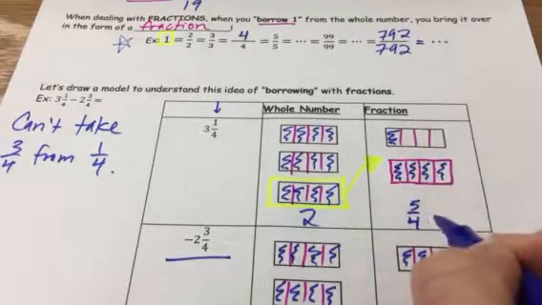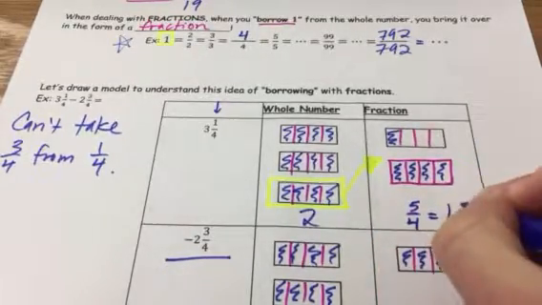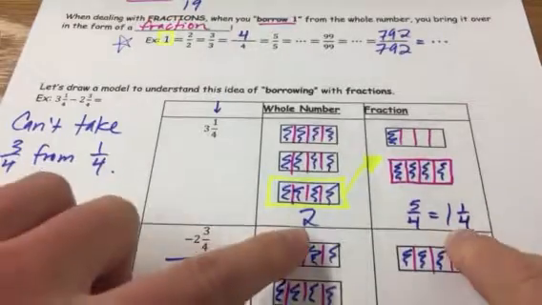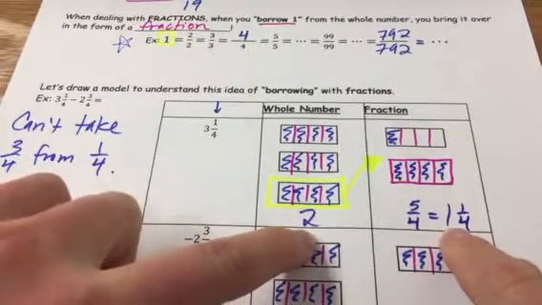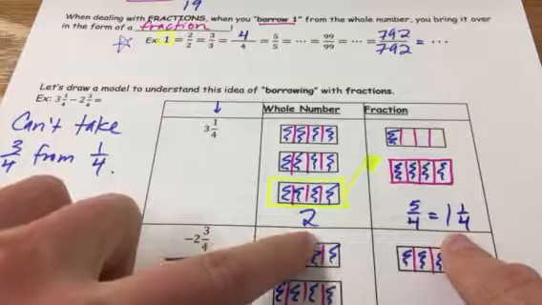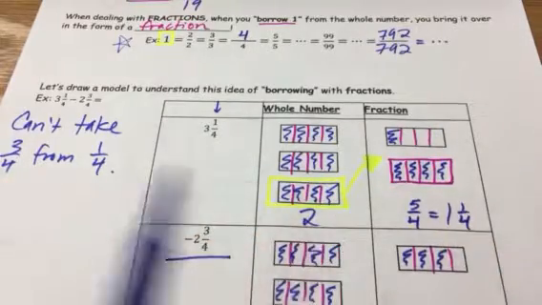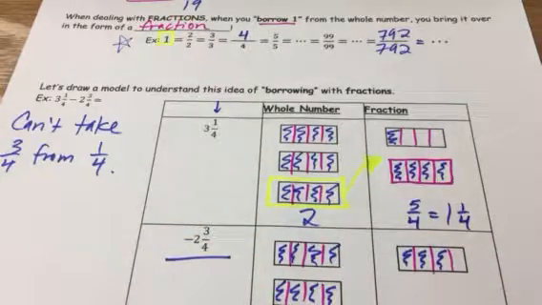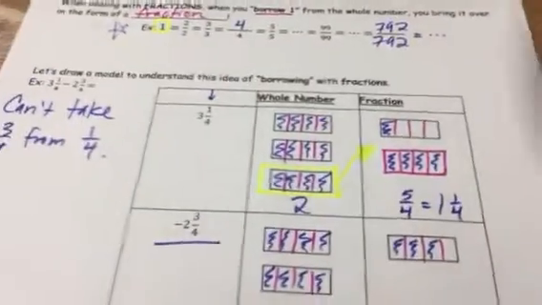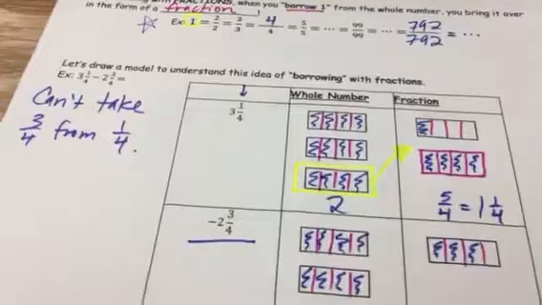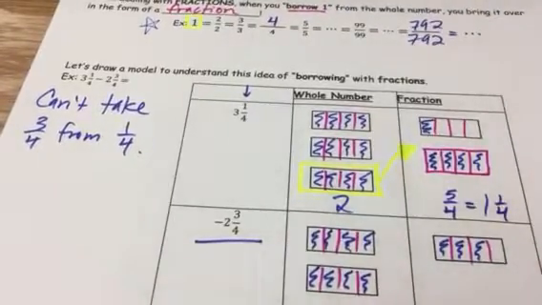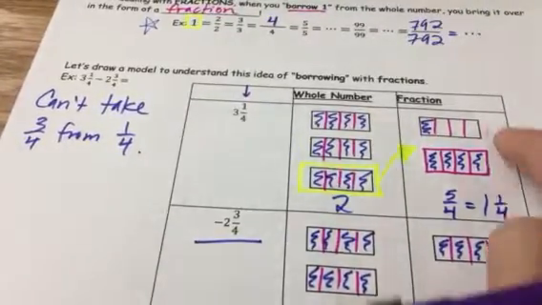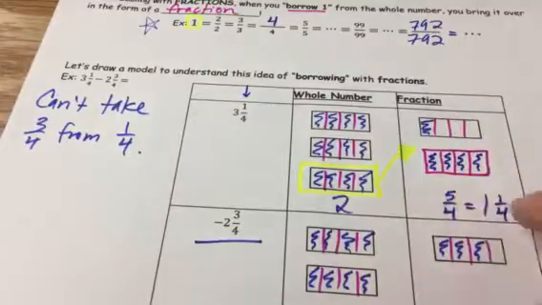Some of you might be thinking, well, 5/4, that's improper, and that's 1 1/4. And think, if you add 2 and 1 1/4, we still have the value 3 1/4. But now I can go ahead and do my subtraction. I now can indeed take 3/4 away from these quarters, from my 5/4.